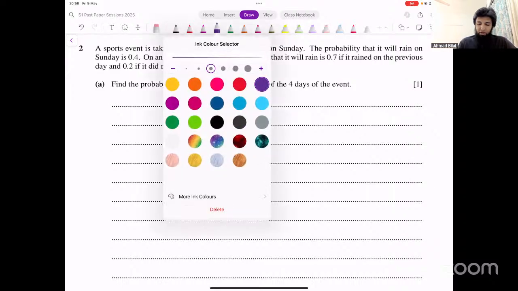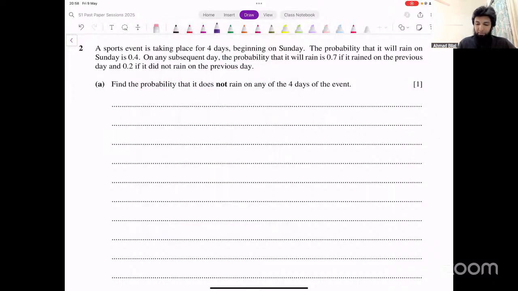Okay, so it does not rain on any of the 4 days. How do you think about this? So the event starts on Sunday. What do we know about Sunday? Probability of raining on Sunday is 0.4. What about probability of not raining on Sunday? That will be 0.6. That's for Sunday. Then on Monday, Tuesday, Wednesday, what can you say about those days? The probability that it will rain is 0.7 if it rained on the previous day.